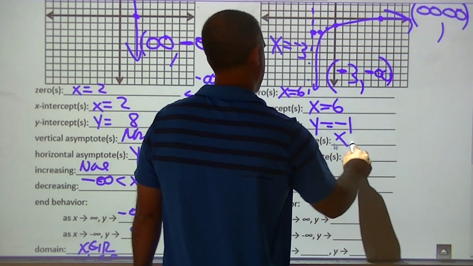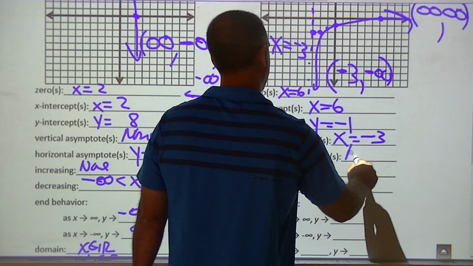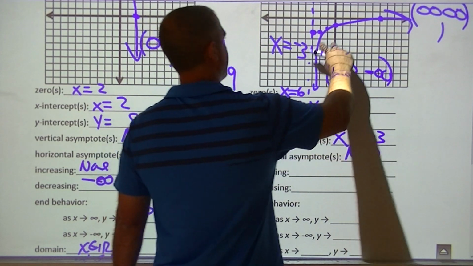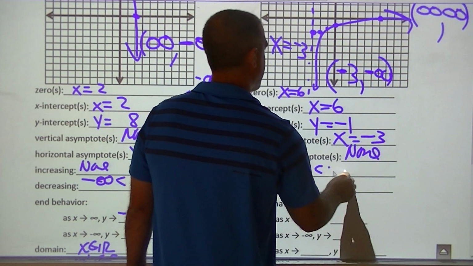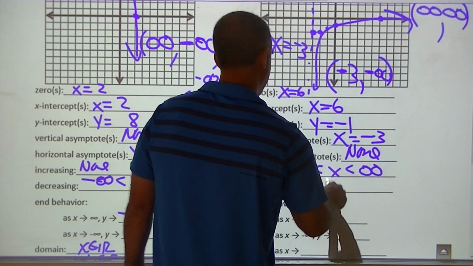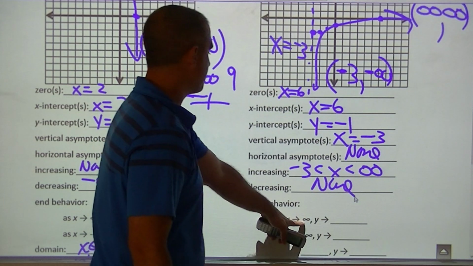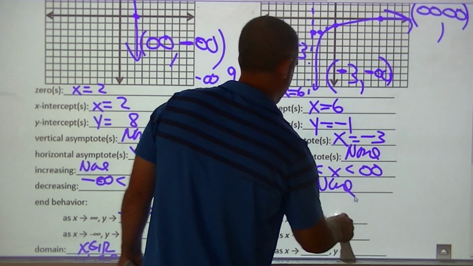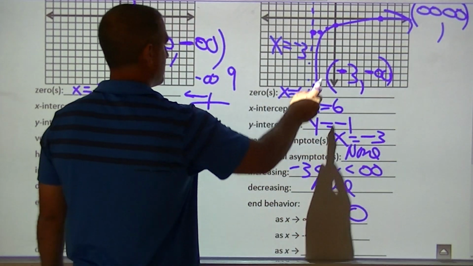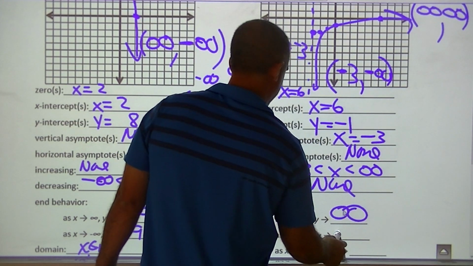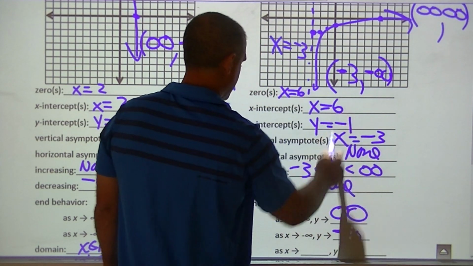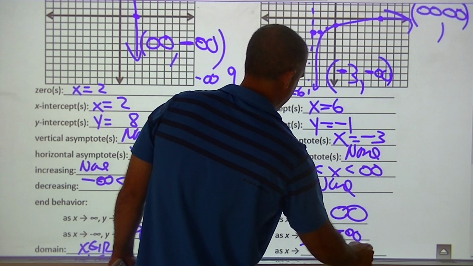Vertical asymptote, x equals negative 3. Horizontal asymptote, none. This is increasing the whole way. All I care about are the x's from negative 3 to infinity. It's not decreasing at all. As x approaches infinity, y approaches infinity. As x approaches negative infinity, y approaches negative infinity. And as x approaches negative 3, y approaches negative infinity.